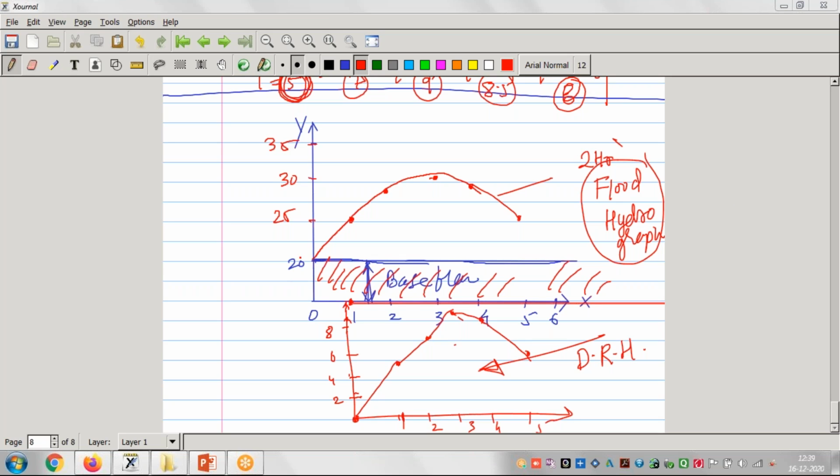So simply what I did is deduct the base flow and prepare the hydrograph, and that is my direct runoff hydrograph. You will see the peak of this flood hydrograph, QP, is 29 because this is the highest one.